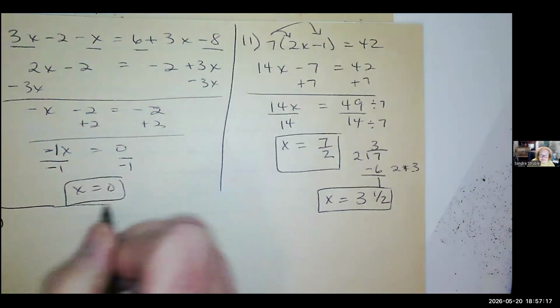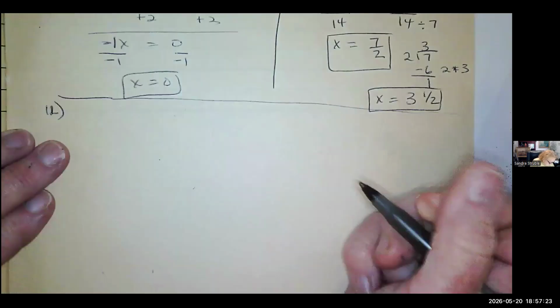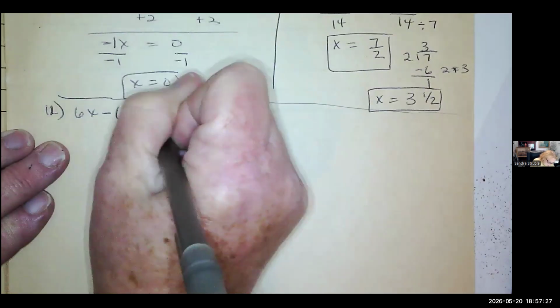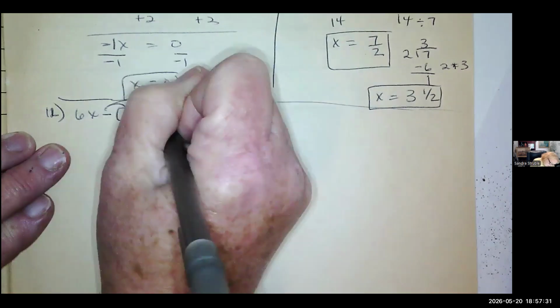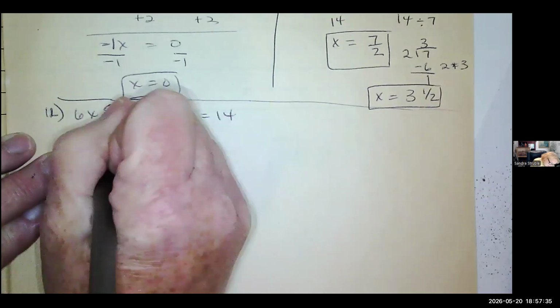That doesn't mean anything. So now we're going to go to 12, and that is 6x minus 3x plus 10 equals 14. We need to distribute that negative. Negative times positive is negative 3x. Negative times a positive is negative 10.